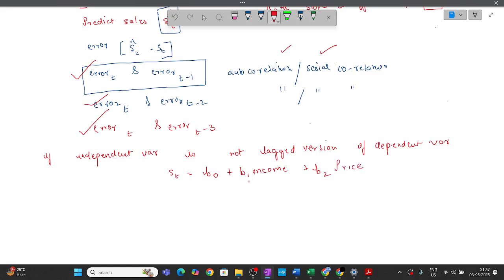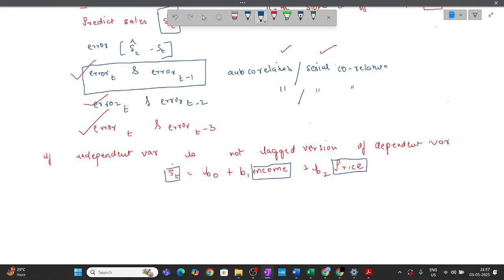Notice here the independent variables, income and price, are not a lagged version of sales, right? We are not using yesterday's sales to predict today's sales. The independent variables are not a lagged version of the dependent.